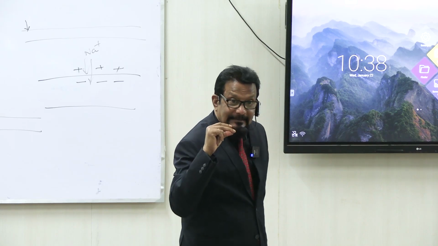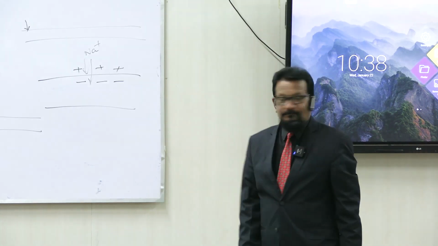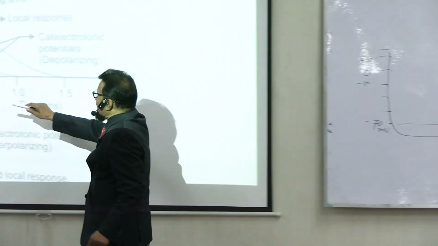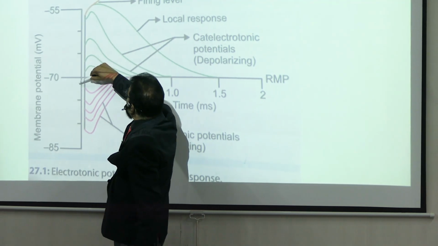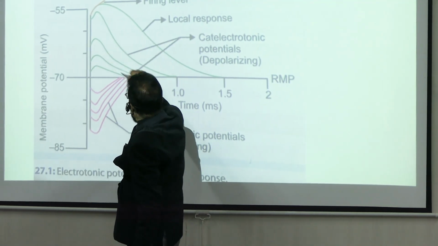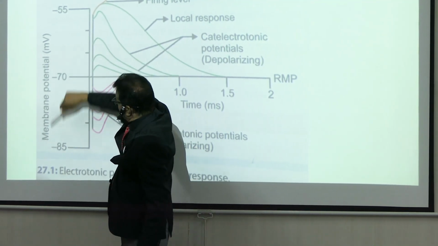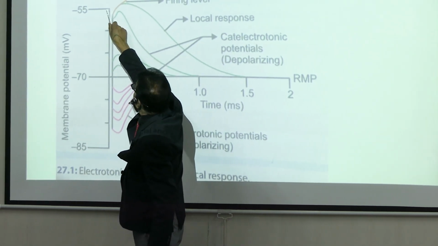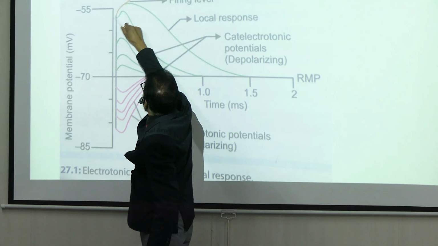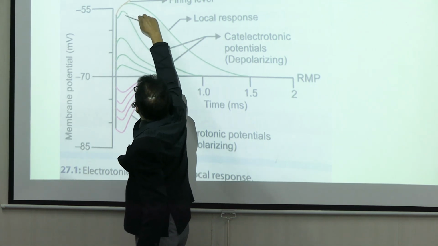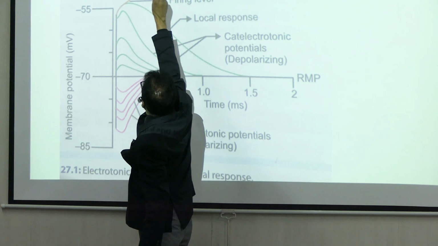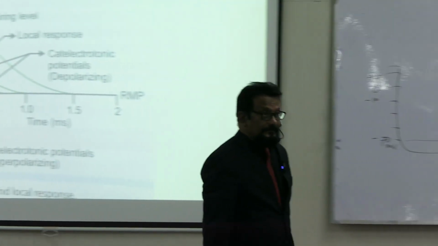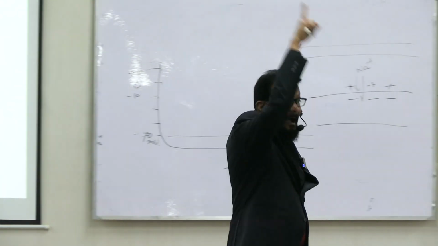Now I increased further. As a result, the change in membrane potential reached minus 55. When it reached minus 55, it made a firing. It is called firing. It fired. It produced a spike.